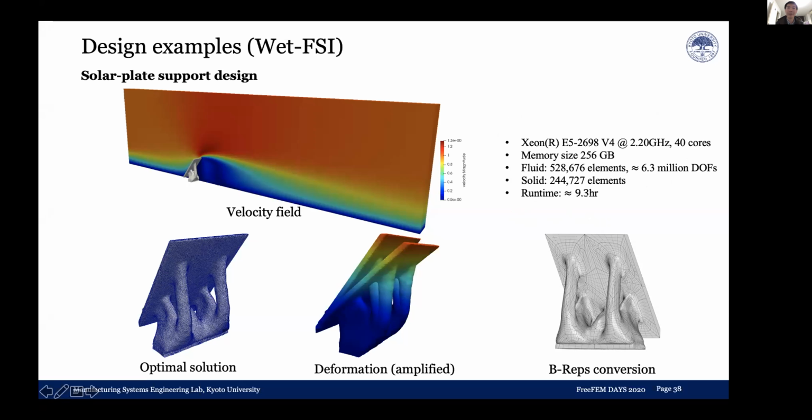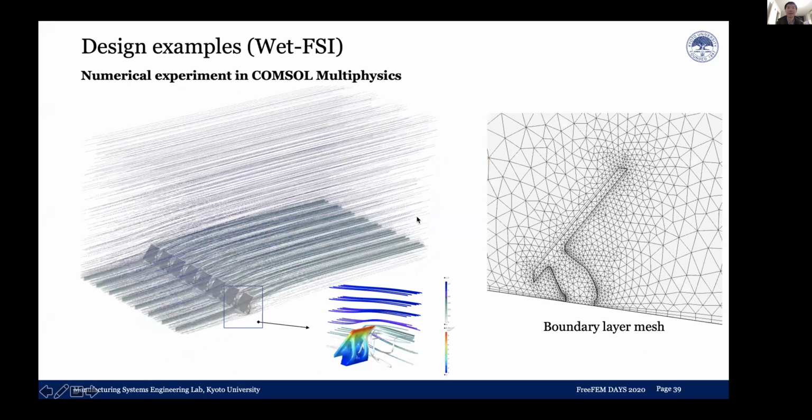Okay, so this is the CAD data translated from the mesh representation. And finally, we do the same thing in the post-processing stage in COMSOL Multiphysics for numerical experiment.